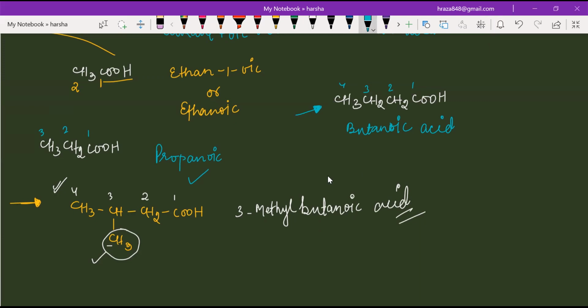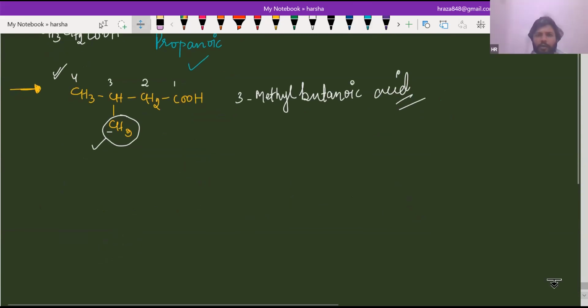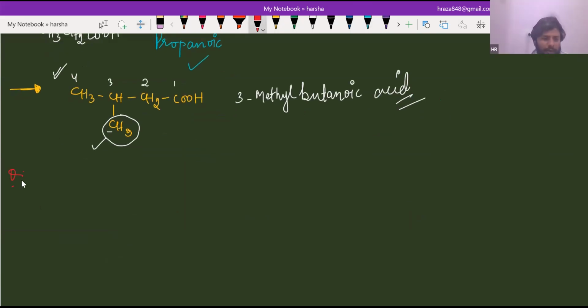Yes. Okay. So it's very easy to write the name. You need to practice a lot. Now the next question I'm going to give you. Can you draw the structure? If I give you the name, draw the structures for the following compounds.